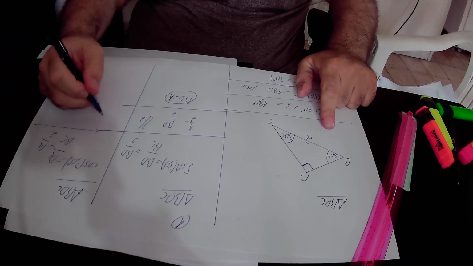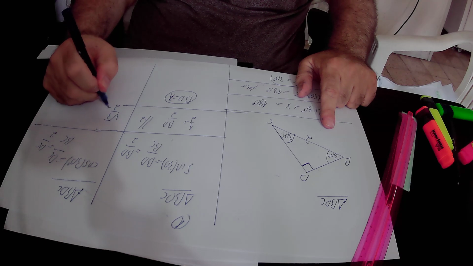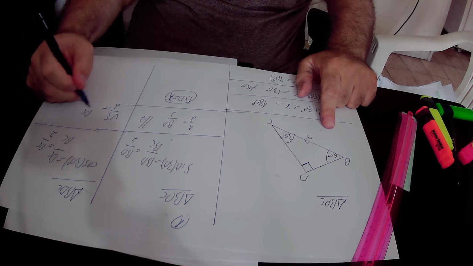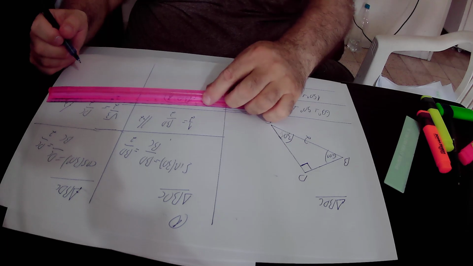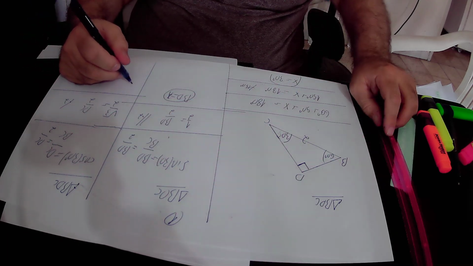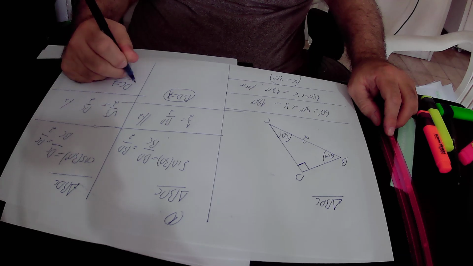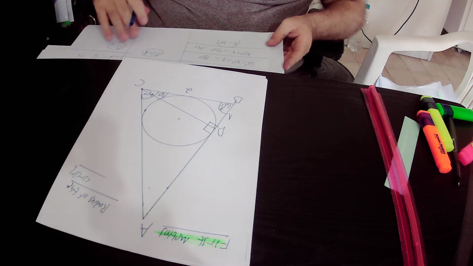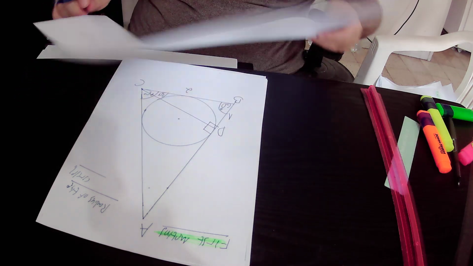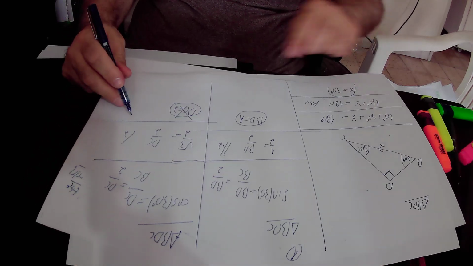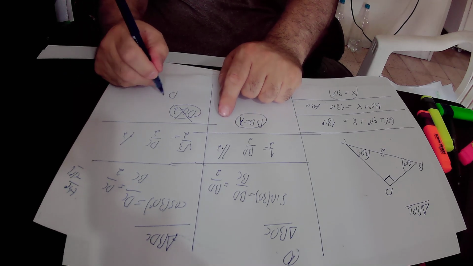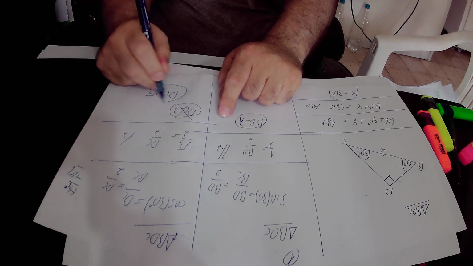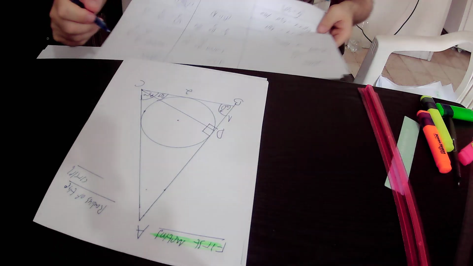And cosine 30 degrees is square root of 3 over 2. So square root of 3 over 2 equals DC over 2. Here we multiply this equation by 2 and we get that DC equals square root of 3 units.